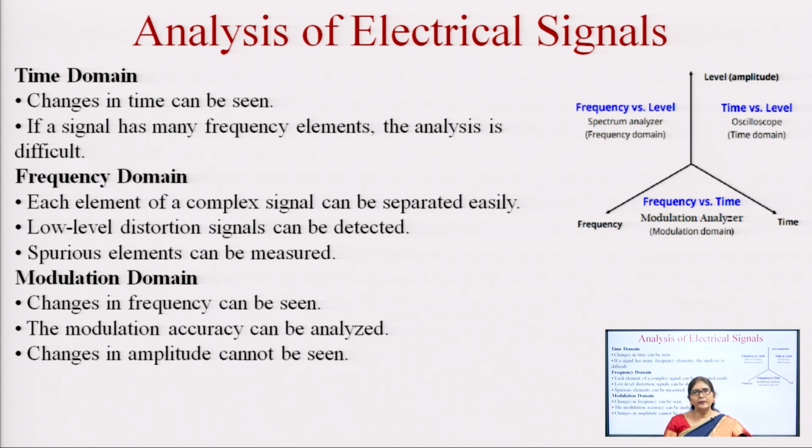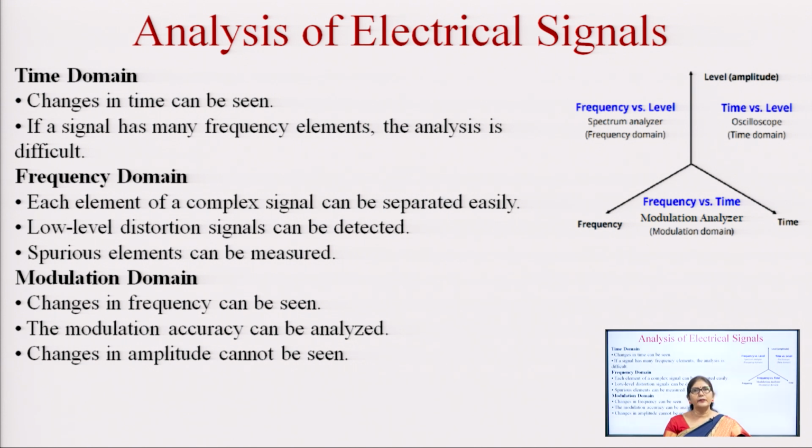In time domain, we are unable to analyze the amplitude of a particular frequency. In frequency domain, we can segregate the frequency components and see the amplitude of a particular frequency component. Similarly, in modulation domain, we can see the change in frequency and the modulation accuracy.